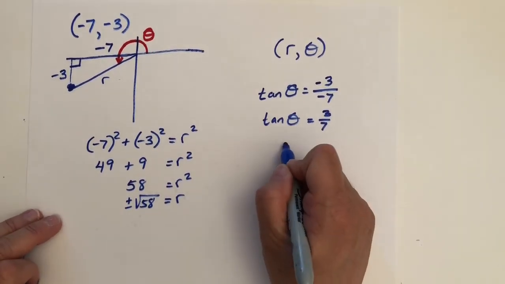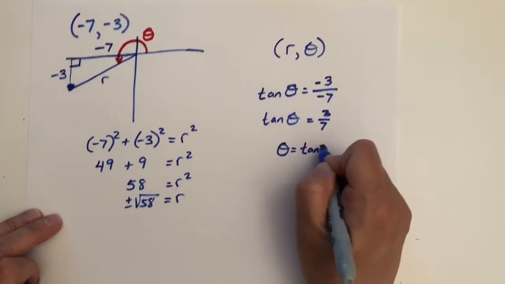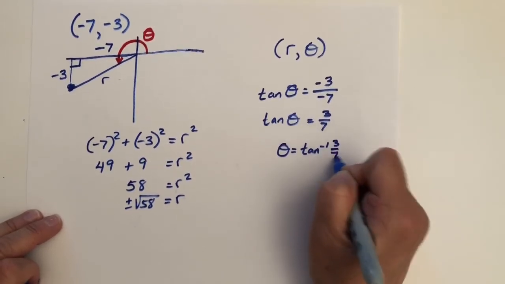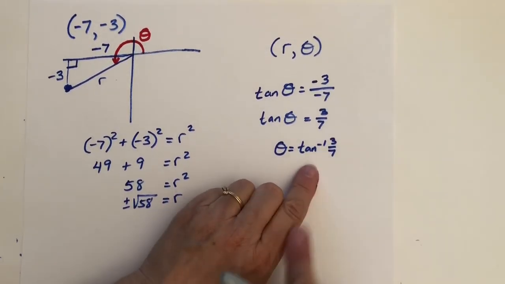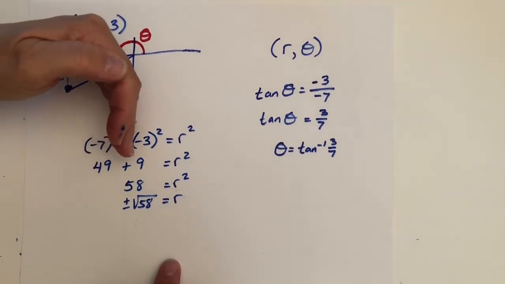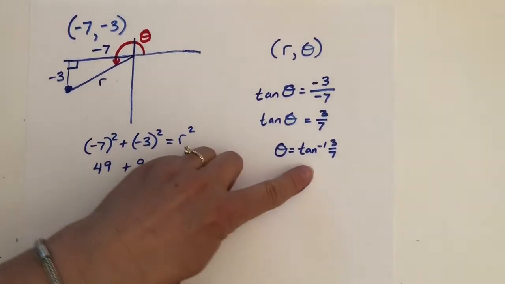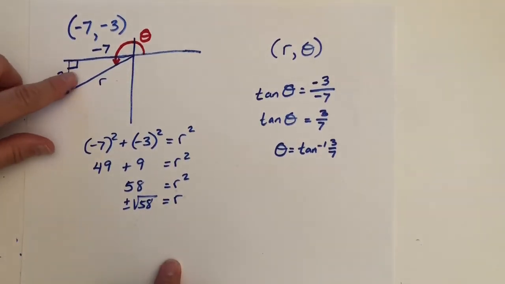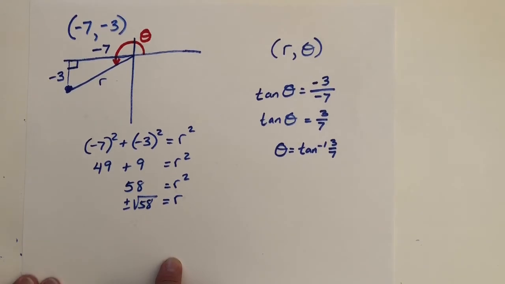So notice this, when we find the inverse tangent of 3/7, and here's what I wanted to point out to you. When we use our inverse tangent notation, remember, you will always get an answer between -pi/2 and pi/2 if you're in radians. It will not give us a third quadrant angle. So you need to adjust for that.